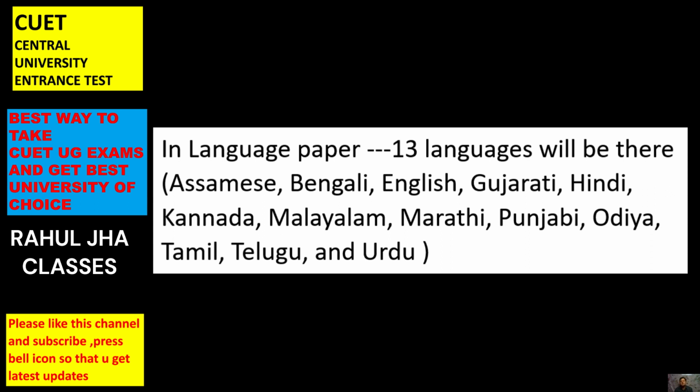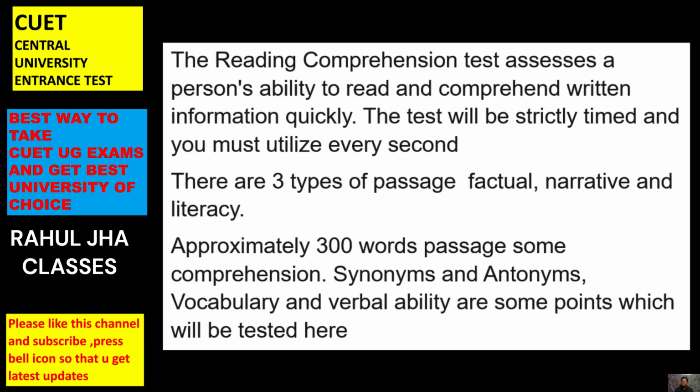The reading comprehension test assesses a person's ability to read and comprehend written information quickly. The test will be strictly timed and you must utilize every second of this time, because you will always be short of time. So try to be as fast as possible.